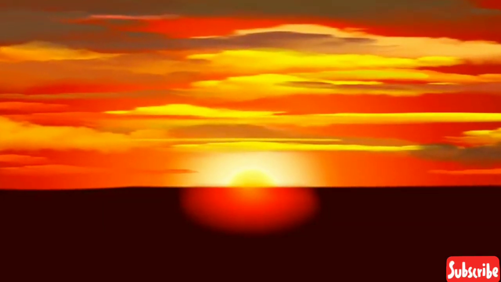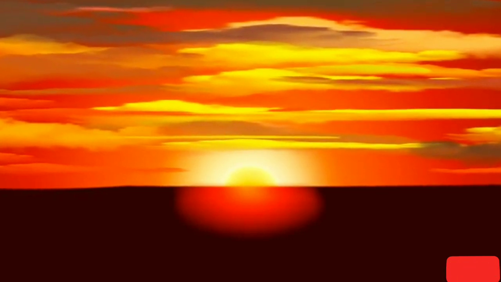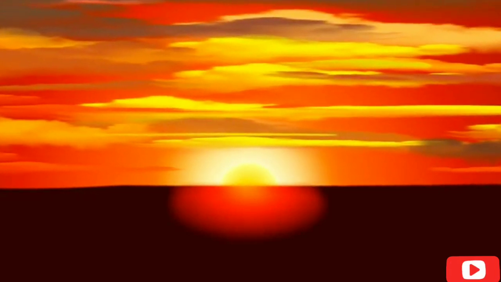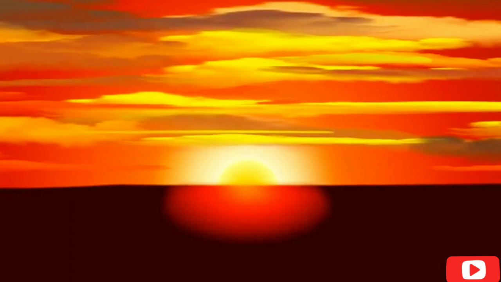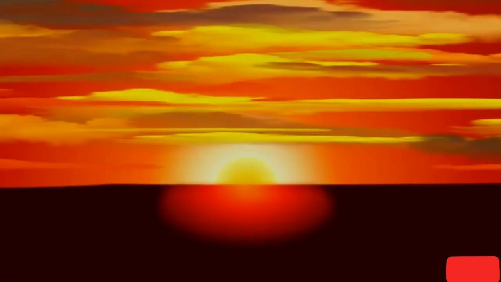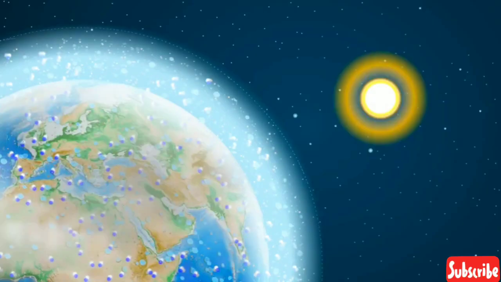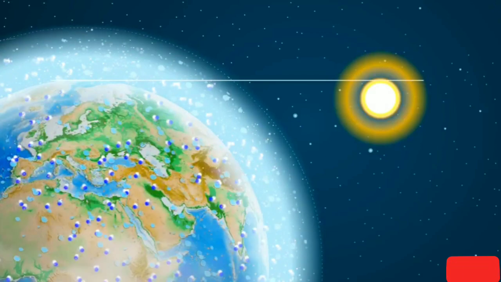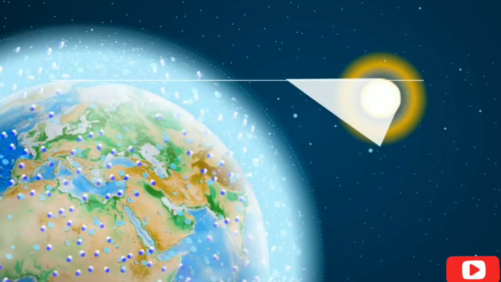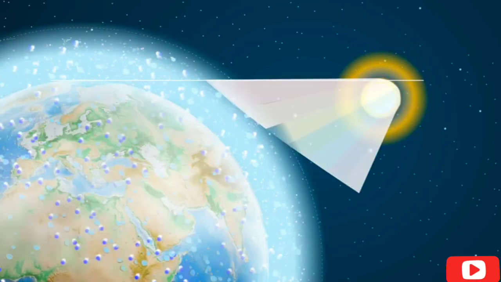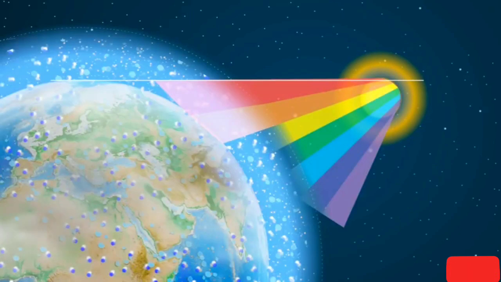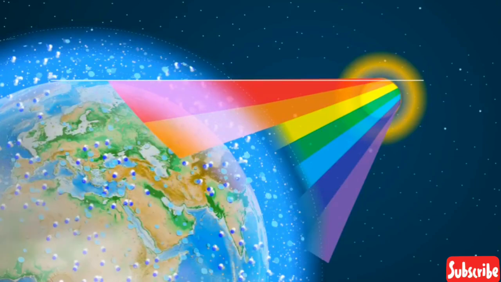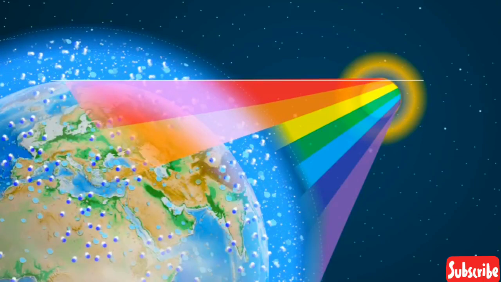Let us now try to understand how scattering of light makes the sun appear red at sunrise or sunset. At the time of sunrise and sunset, the sun is near the horizon. The light from the sun near the horizon passes through a large distance in the Earth's atmosphere before reaching our eyes.